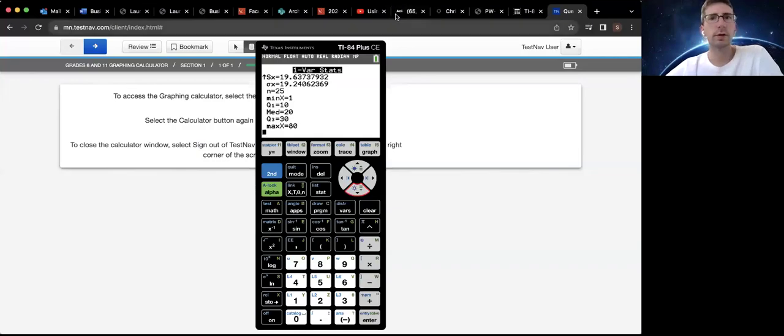And now let's calculate or see if we have any upper outliers, right? So the formula for the upper outlier cutoff is going to be Q3. This time we're going to add the 1.5 times the IQR.